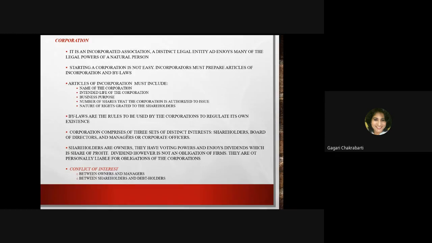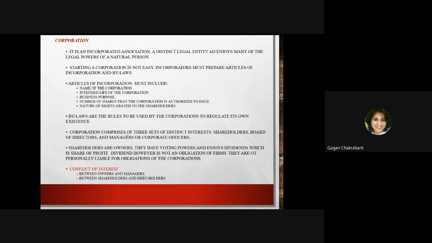Now, here lies the second source of conflict. As I have mentioned earlier, I have already talked about a source of conflict between the debt holder and the equity holder that might lead to some agency cost. And now we have the conflict of interest between the owner and the manager.